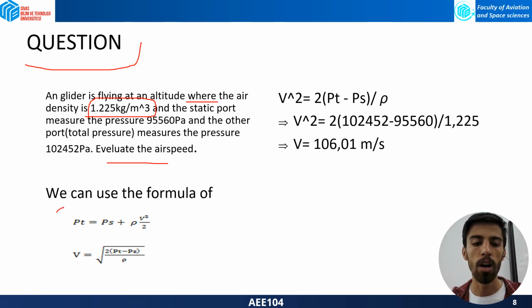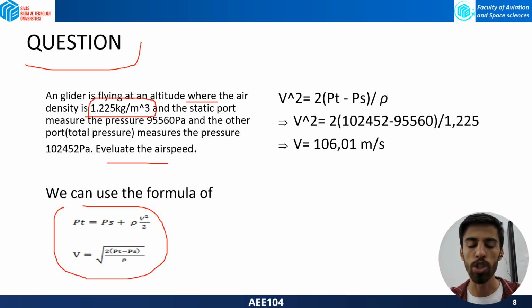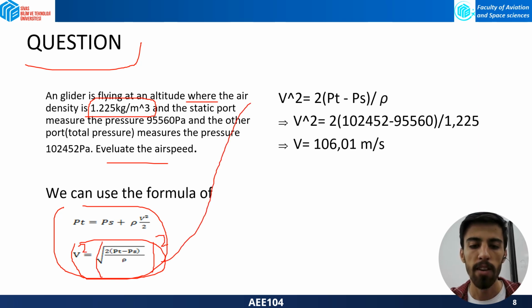As you can see, I wrote the formulas. We can use these formulas. I explained the logic of where this formula came from. If you square these two terms, you can get this formula: v square equals 2 times the total pressure minus the static pressure, all over rho, which is density.